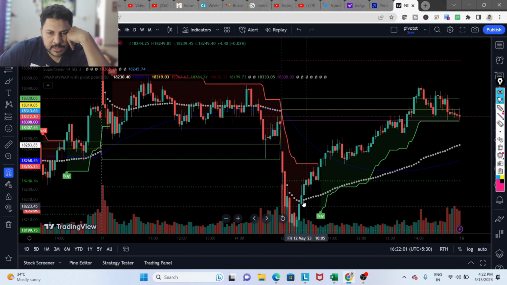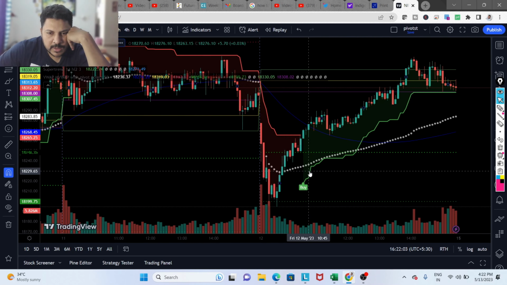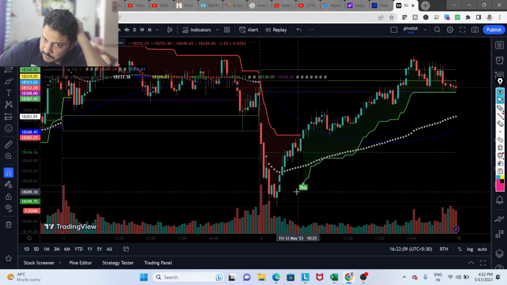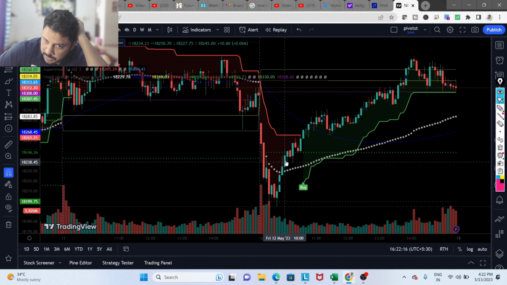And whenever you get an entry above the VWAP from a support, then you can go ahead and take an entry. If you see, this has also given you a long entry here on this candle, but here our entry was at the VWAP level.